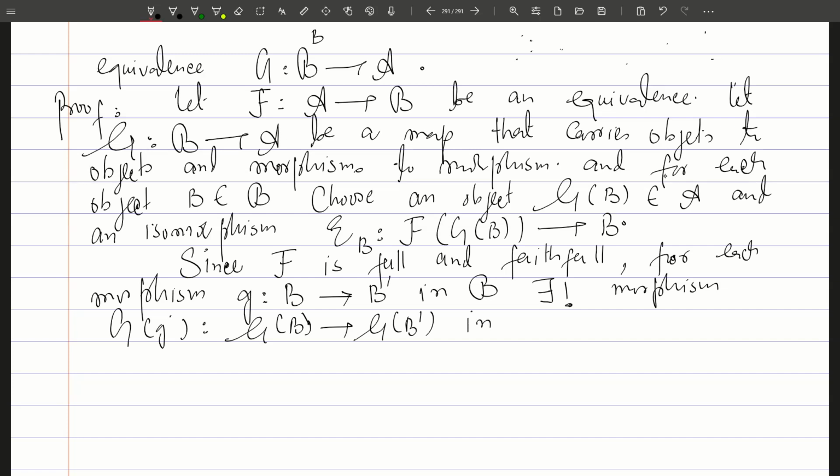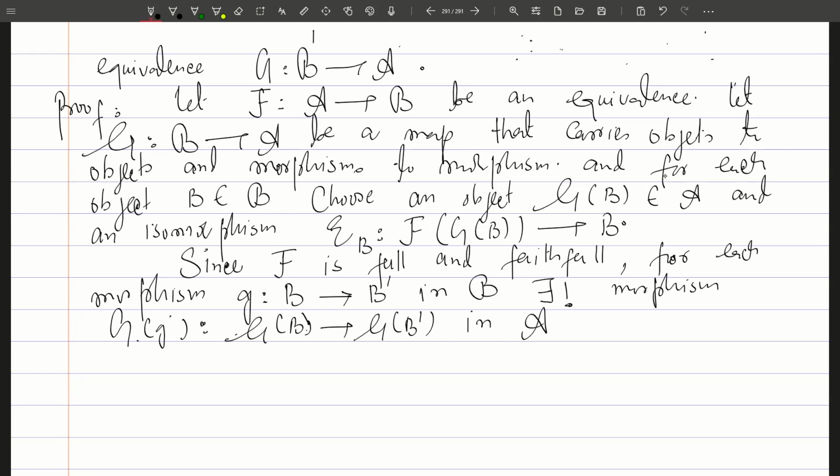Note that Gg is a morphism in A because G carries the morphisms of B to the morphisms of A, and GB and GB prime are both objects in A.